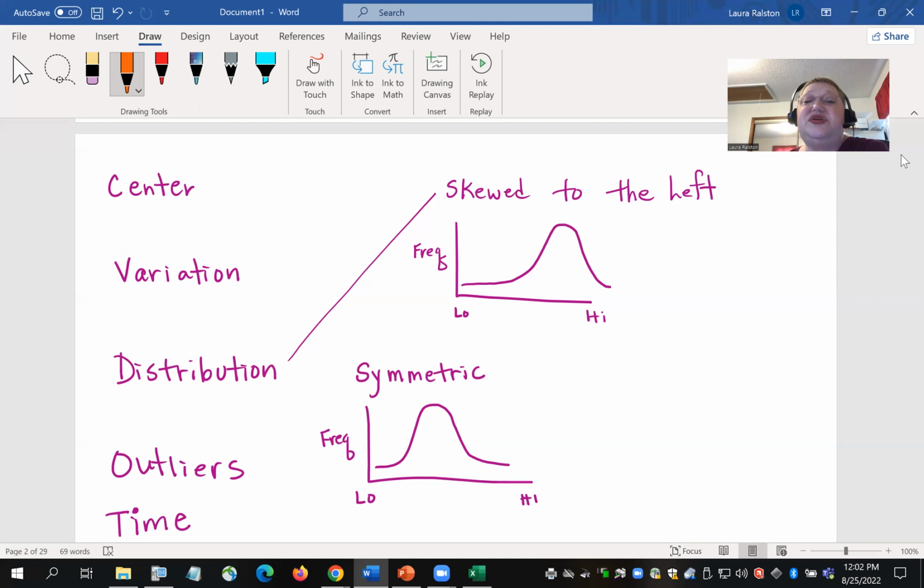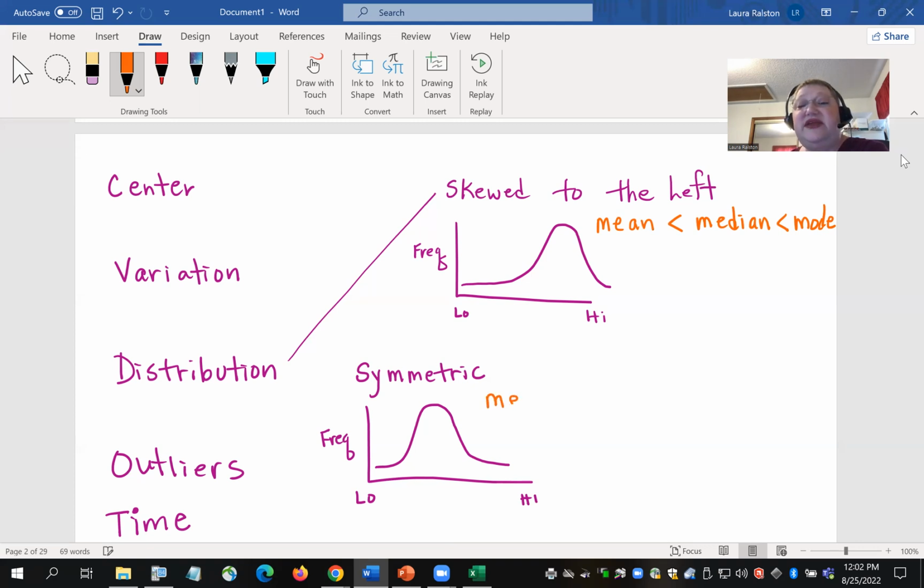If the distribution is skewed to the left, the mean will be your smallest value. Then you'll have the median and then the mode. They kind of rank in that order. The mean is less than the median, which is less than the mode, if the distribution is skewed to the left.